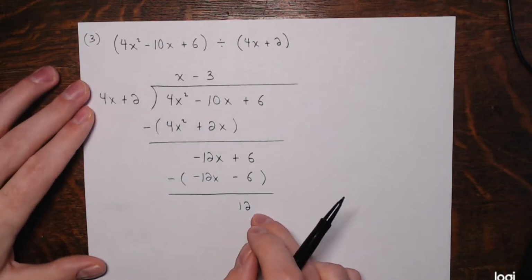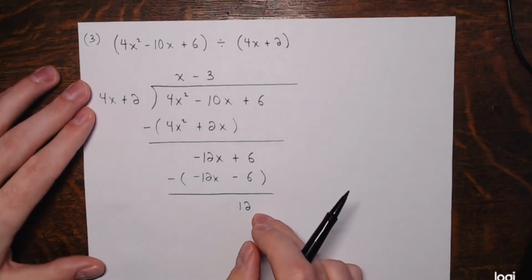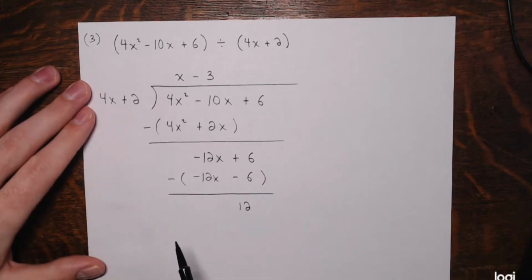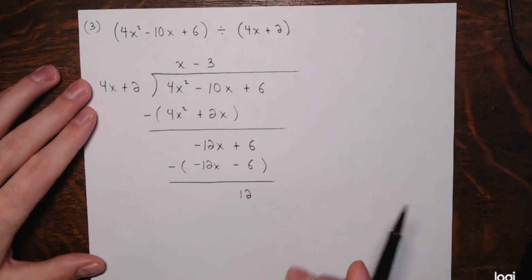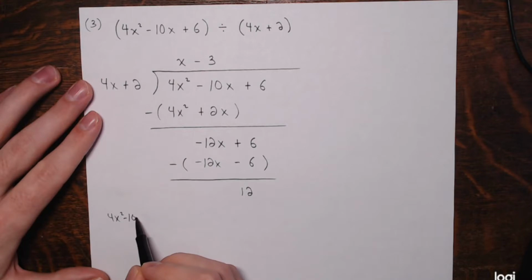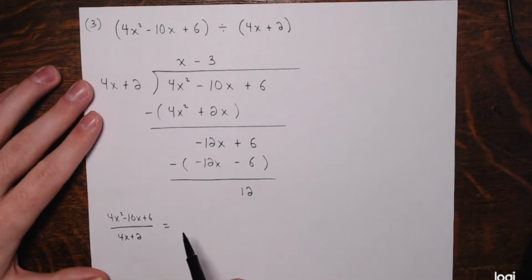That's not 0. So that means that this quotient and divisor are not factors of the dividend. So we have 4x squared minus 10x plus 6 divided by 4x plus 2 is equal to, remember, dividend divided by divisor equals quotient, x minus 3, plus the remainder over the divisor, 12 over 4x plus 2.